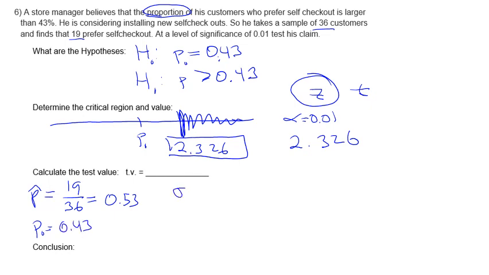And sigma of p hat, again, is the square root of p times 1 minus p divided by n.